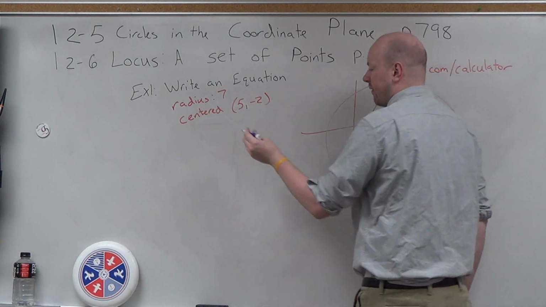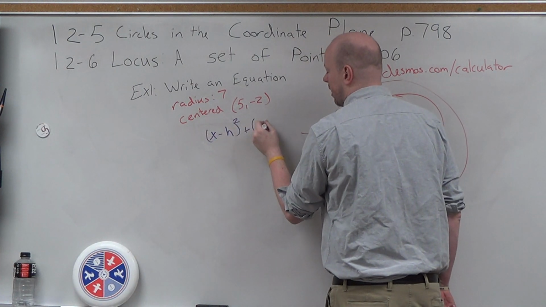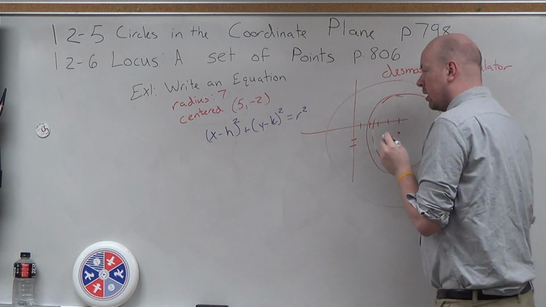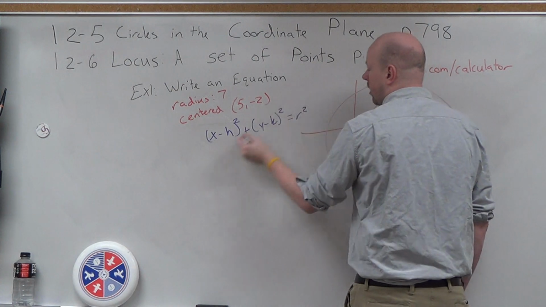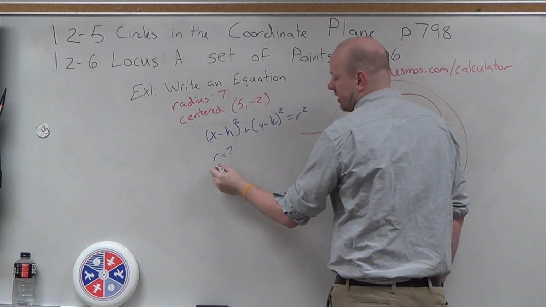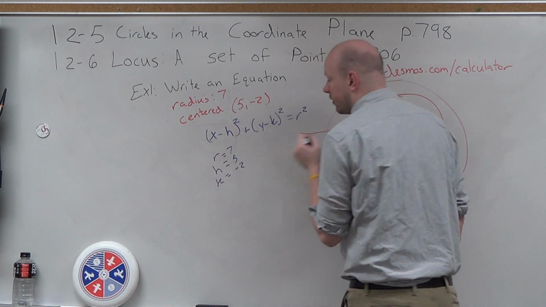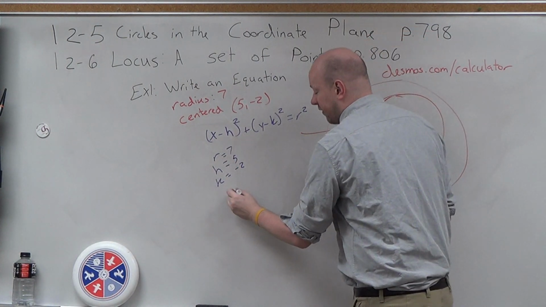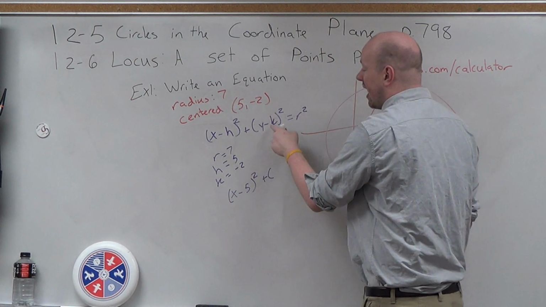So I can just write my formula, x minus h squared plus y minus k squared equals r squared. Now I need to look. First of all, my r is pretty easy, so r equals 7. My center is h comma k, so h has to equal 5, k equals -2. So I can just plug it in. X minus h, well, x minus 5 squared plus y minus k.